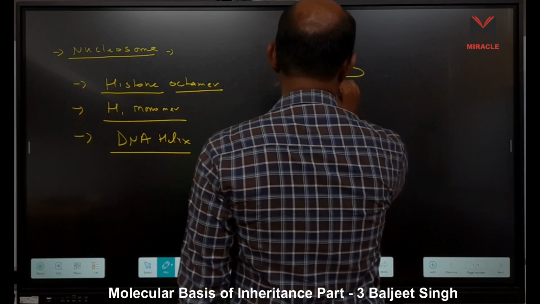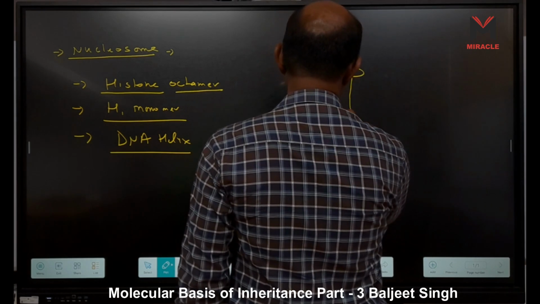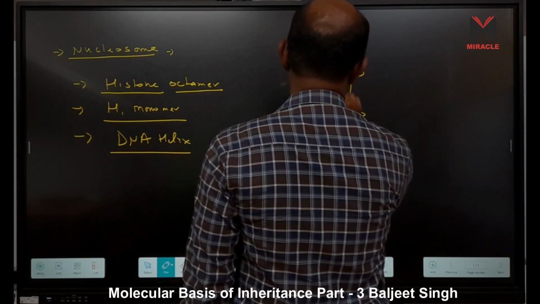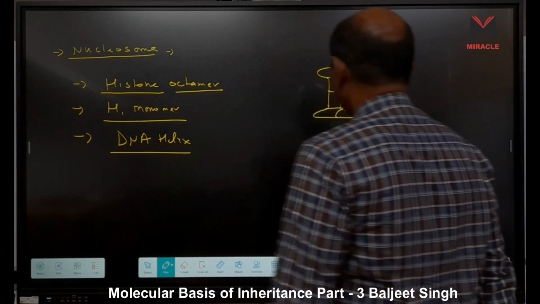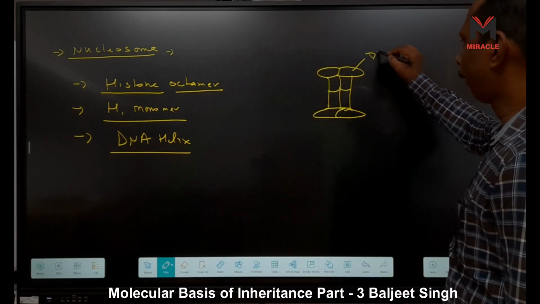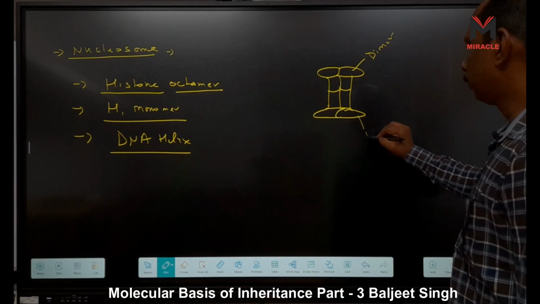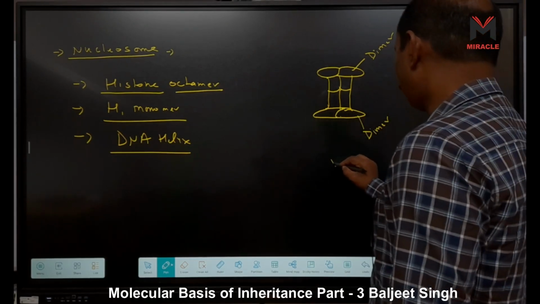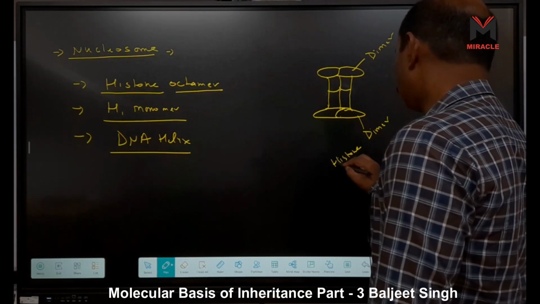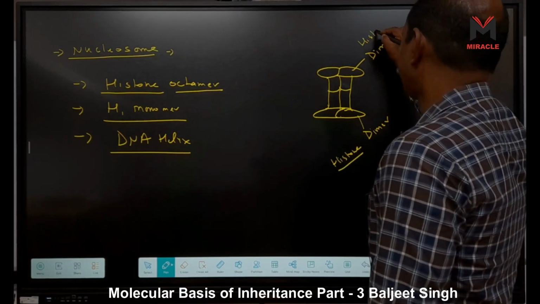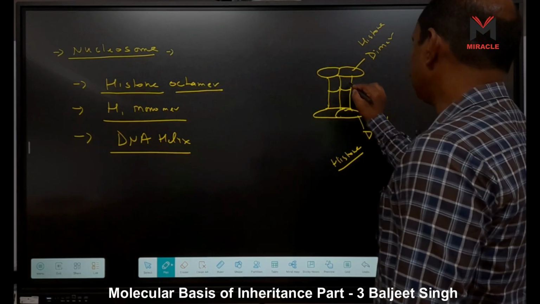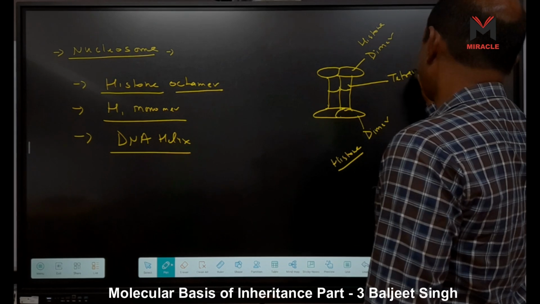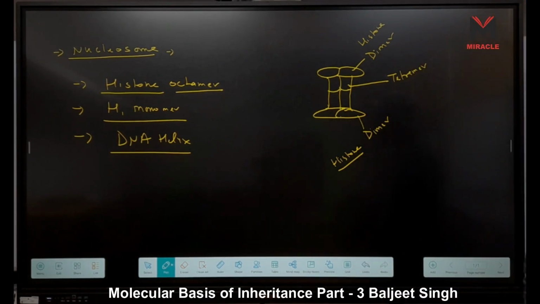Octamer means 1, 2, it is like a relay, 3, 4. When you see, this one is a dimer, this one is also a histone dimer, right? And this one is called a tetramer.